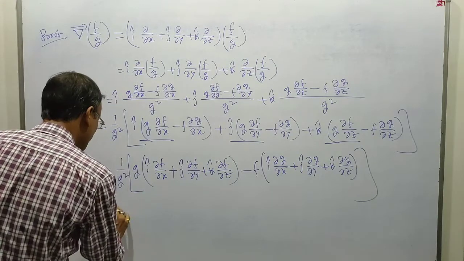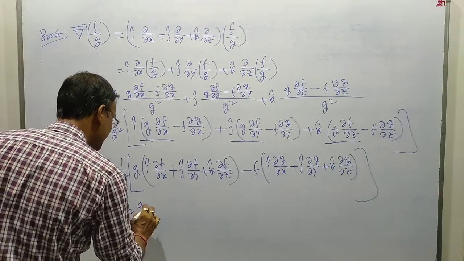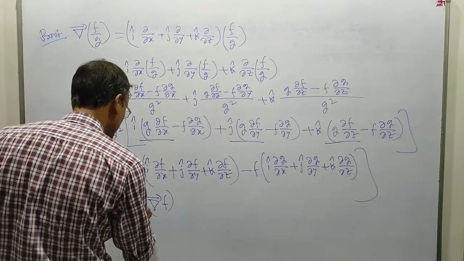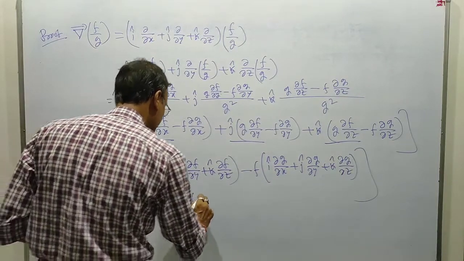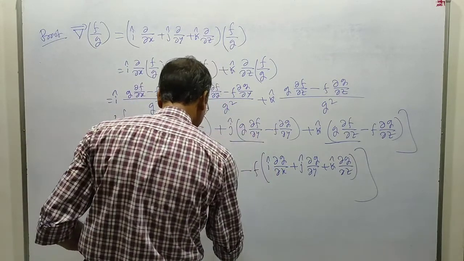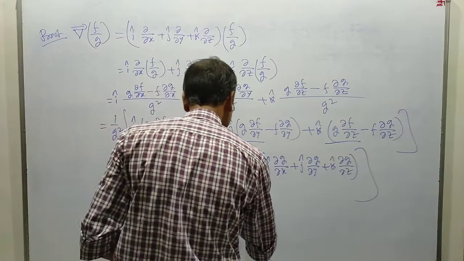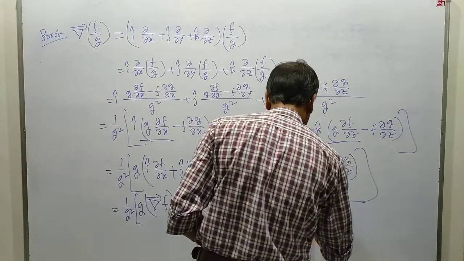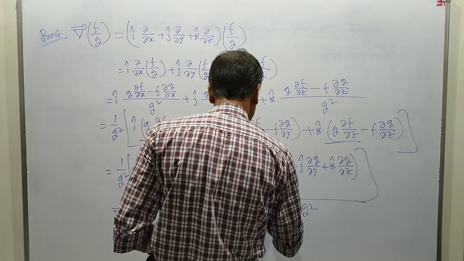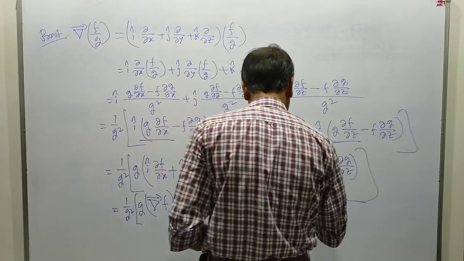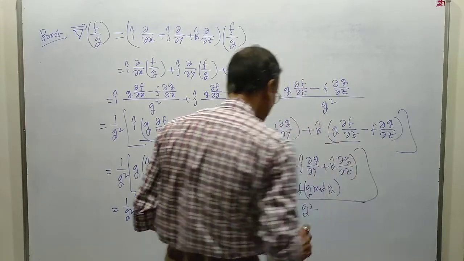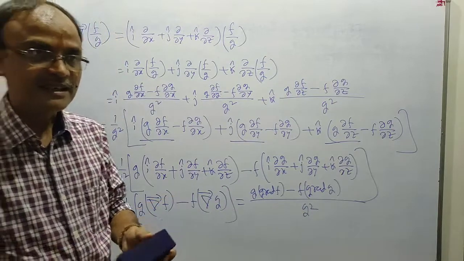This is equal to 1 by g square, g into gradient of f minus f into gradient of g. So in the denominator g square, in the numerator g into gradient of f minus f into gradient of g, just like this.